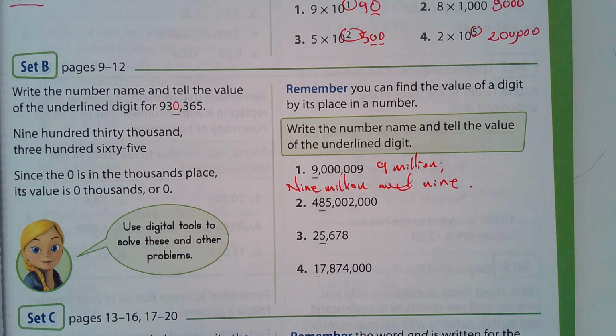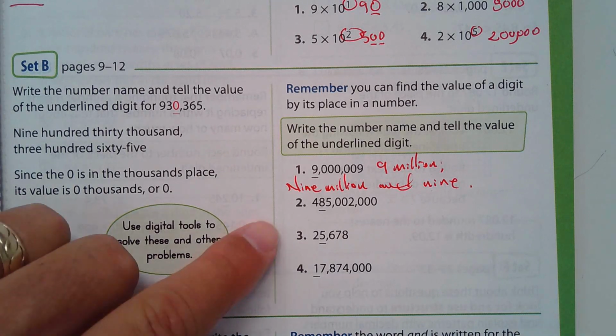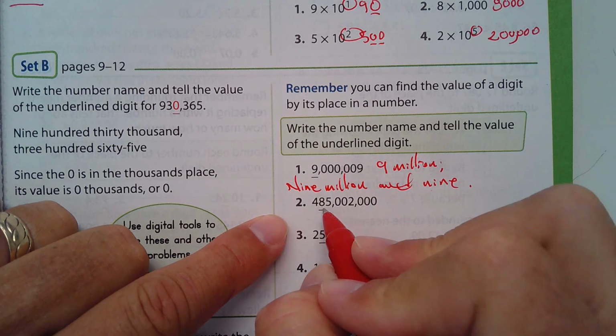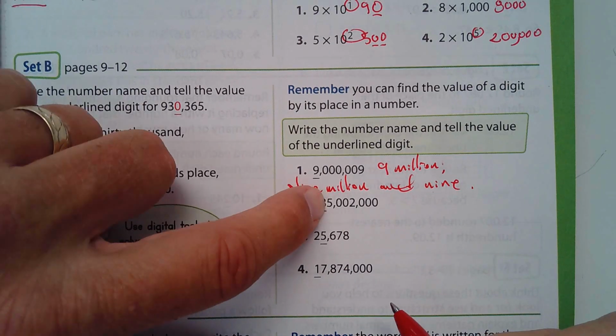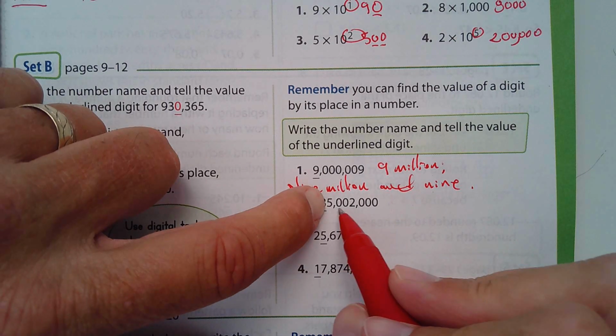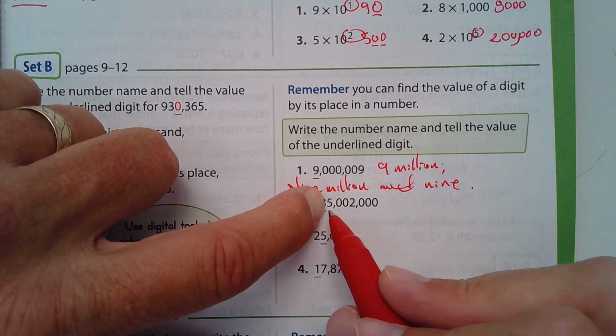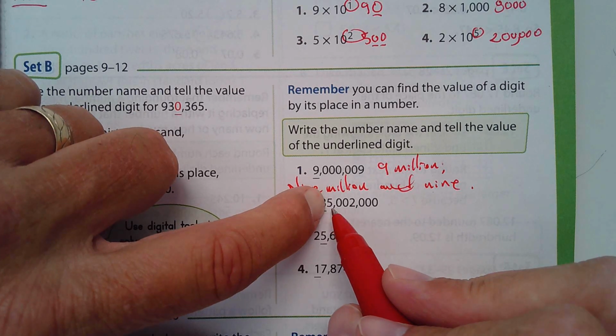All right. They don't give you much room to write here. What's the value of the underlined digit in number 2? Well, there's an 8. What place is the 5? I see 6 digits, and then the 5, so that's the millions place.